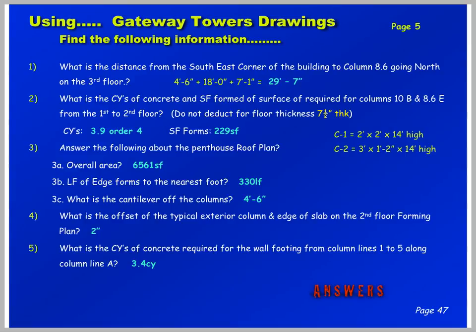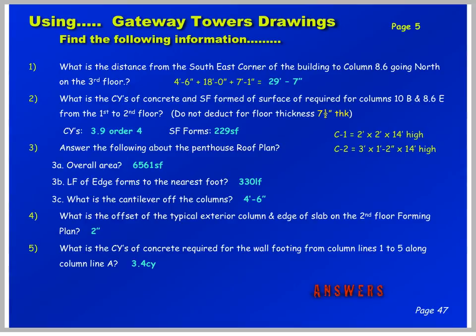Number 2, what is the cubic yards of concrete and square foot formed of surface required for column 10B and 8.6E from the 1st floor to the 2nd floor? Do not deduct for the thickness of the floor, which is 7.5 inches. The cubic yards would be 3.9, or 4 yards, and the square footage of form would be 229 square feet.